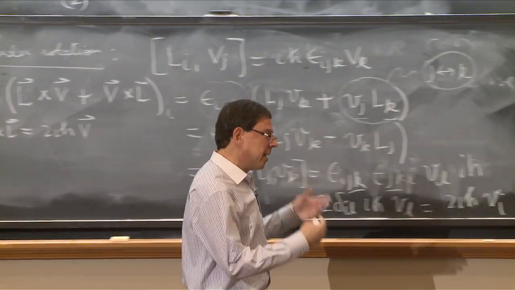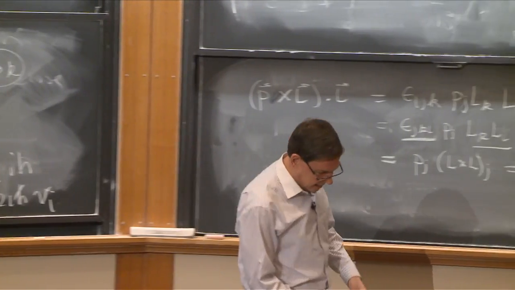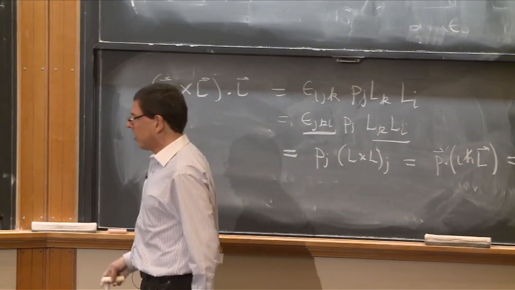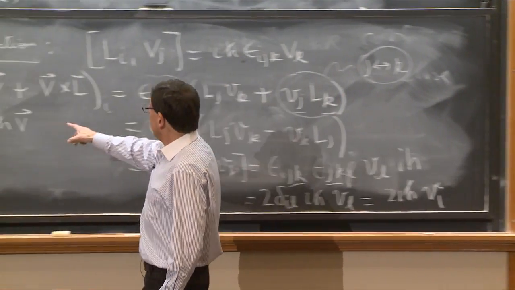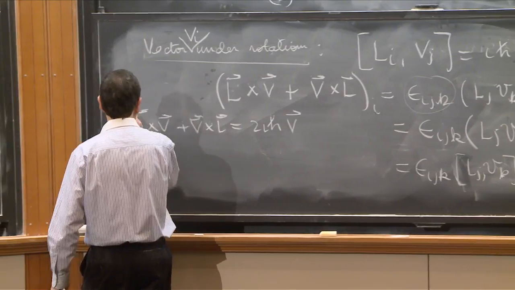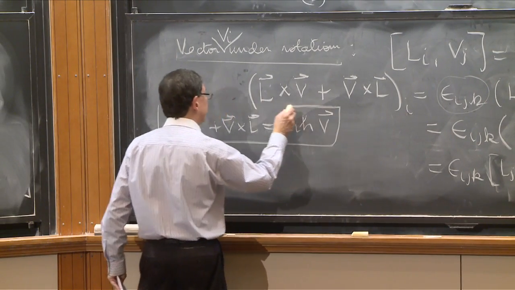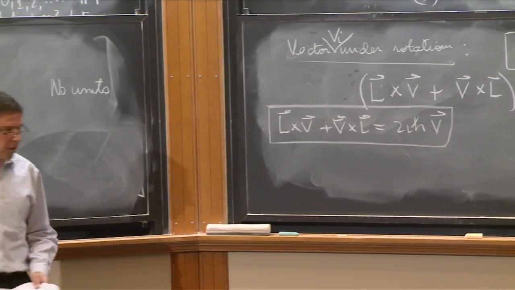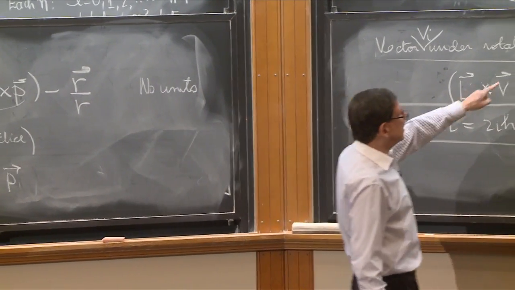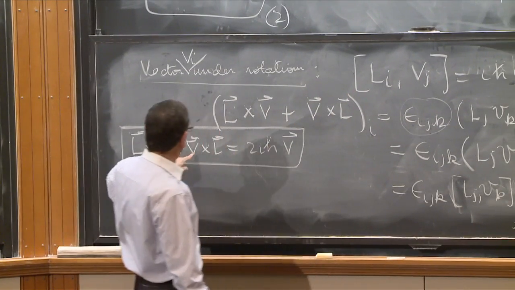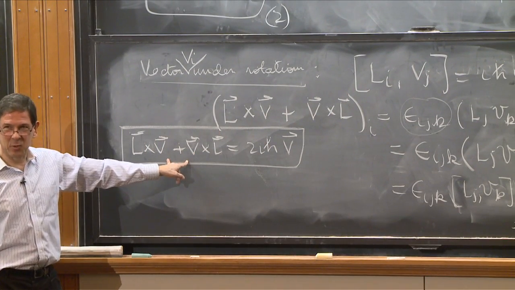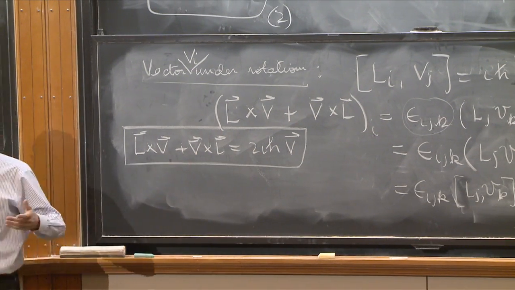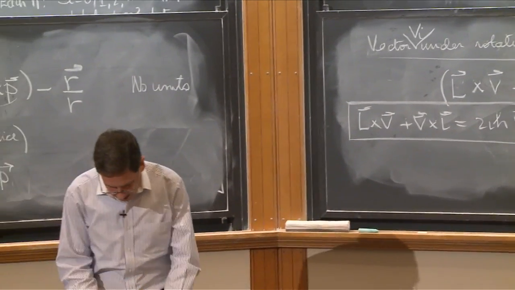And that's a statement as a vector relation of the fact that V is a vector under rotation. So for V to be a vector under rotations means this, and if you wish, it means this thing as well. It's just another thing of what it means.